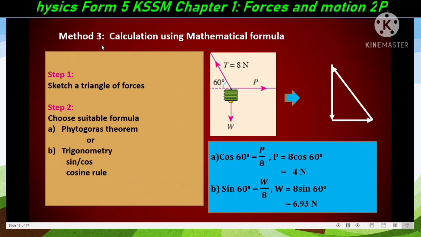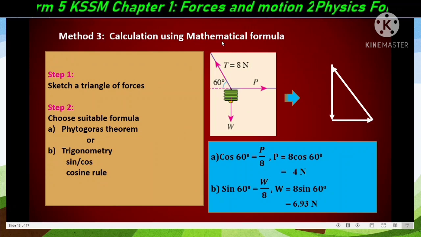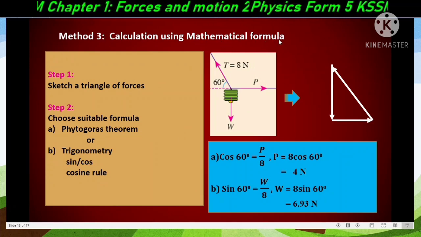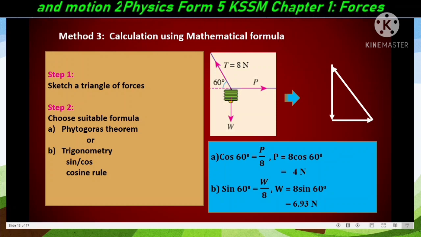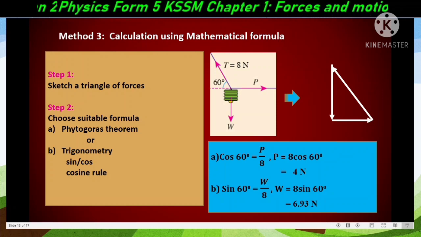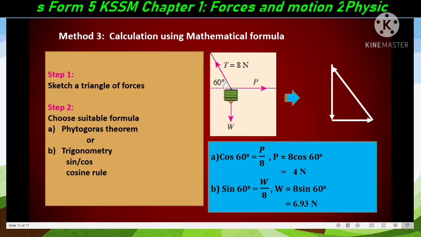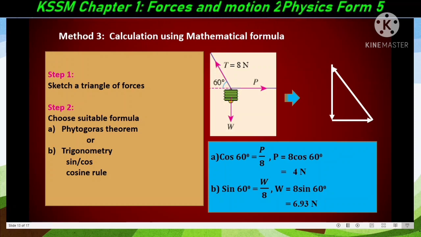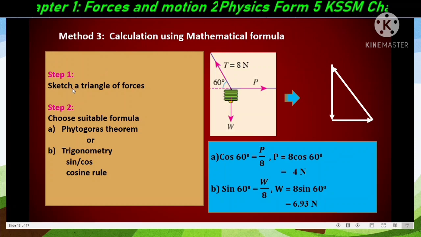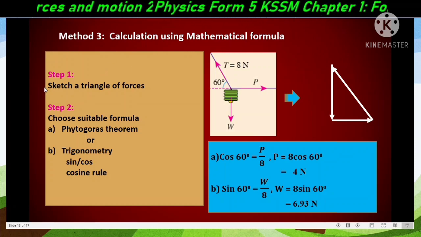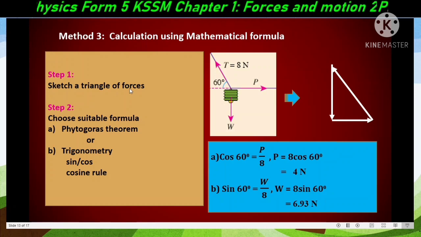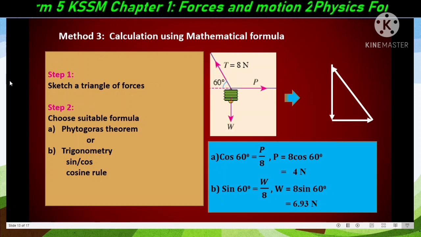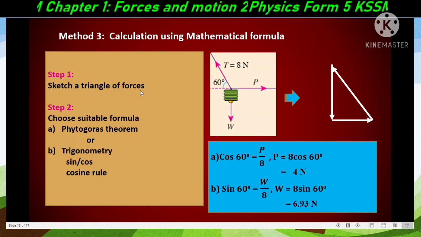Okay, method 3 is calculation using a mathematical formula. Especially when the question comes out in paper 1, you don't have enough time to use scale drawing. So you can use a mathematical formula to calculate. But for this method, you must know how to sketch a triangle of forces. We have discussed before how to sketch a triangle of forces.